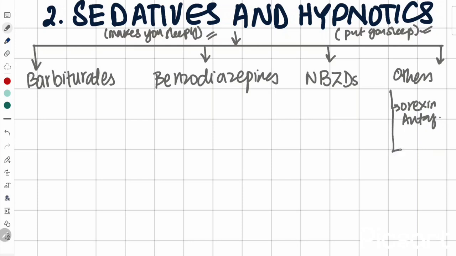I'll tell you what all of these are in a while. And the other is the melatonin or MT agonists, and 5-HT agonists.